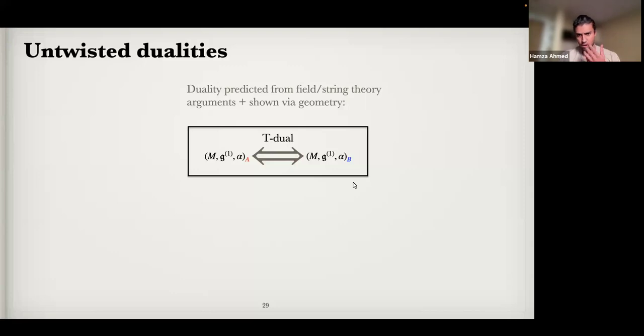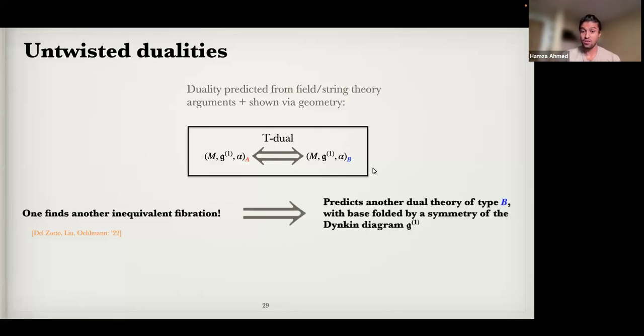But now, about a couple of years ago, these authors here found another inequivalent fibration within their geometric constructions that predicted another T-dual of type B, where now the base, instead of just being a base of type G1, was a base that was folded by a symmetry or an automorphism of this G1.